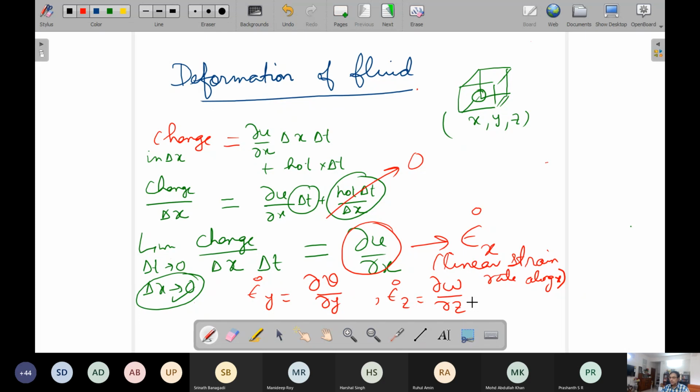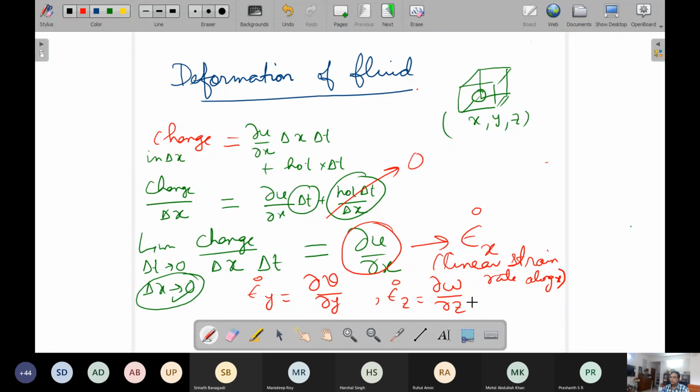Now, see, this linear deformation is a mathematical concept with which we started, but linear deformation is not something which physically is interesting for a fluid. For a fluid, we are all interested about change in volume, right? The length of a fluid is not something which is a physically interesting parameter.